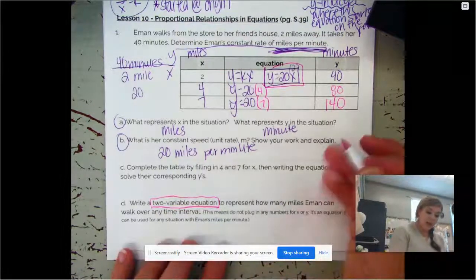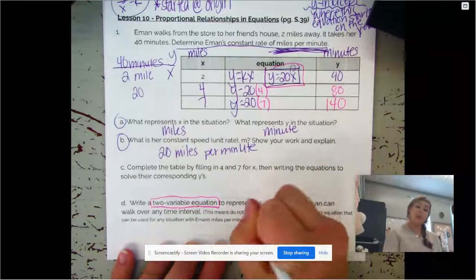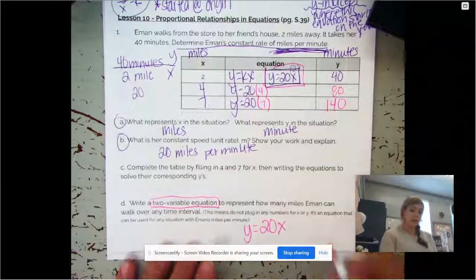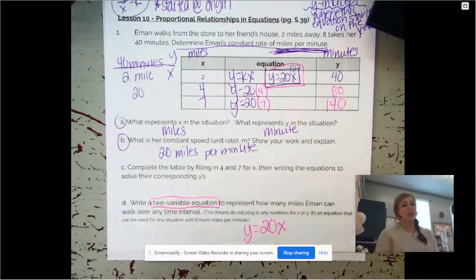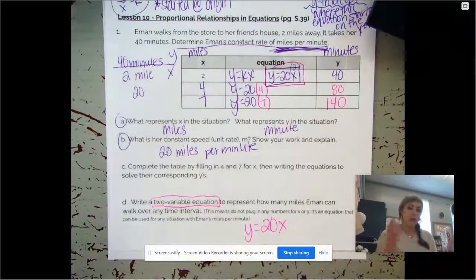So in this case, my constant rate is 20. I want to keep this y there so I can put any y to find out any x, or I can plug in any x to find out any y. This is the equation, the 2-variable equation, that I can use for any of Eamon's situation. So this is kind of like your full worked out example.